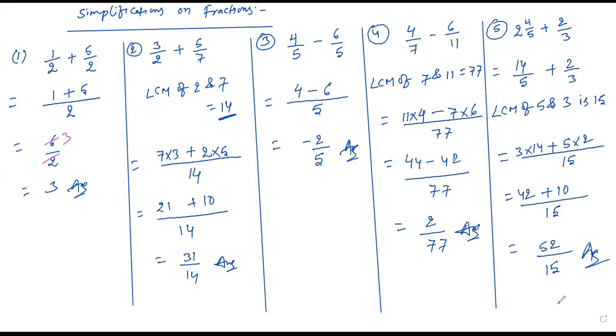Okay, so now type question 6. 4 by 5 minus 2 or 4 by 3, then times 7.